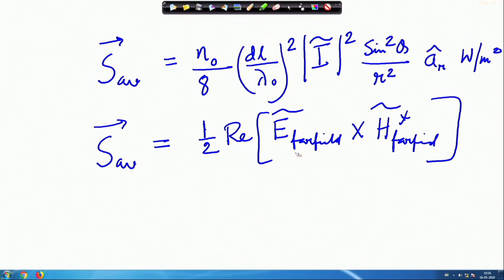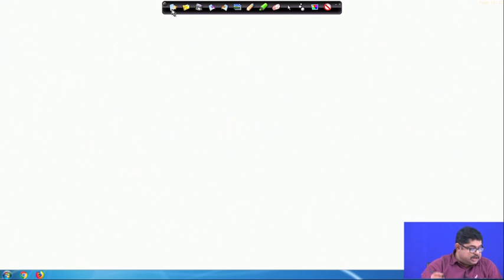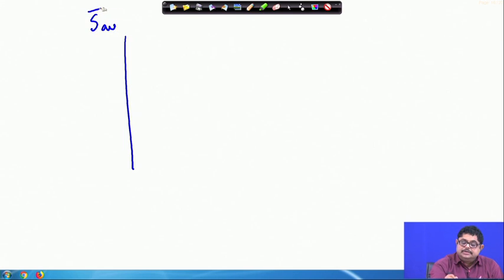Okay. And now we can also find out, you see all these are constants. So, at a particular distance r, the radiated power has a sin square theta type variation. So, we can plot the magnitude of S. Suppose we have x, y, z coordinates.